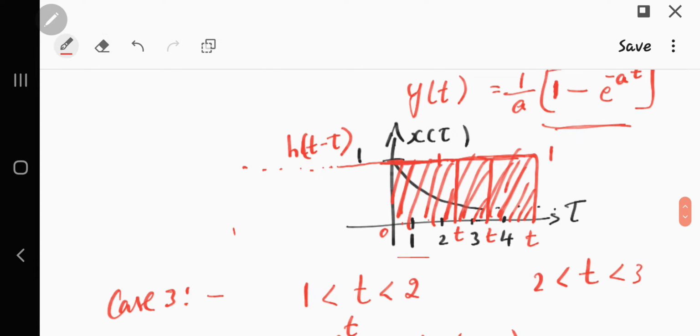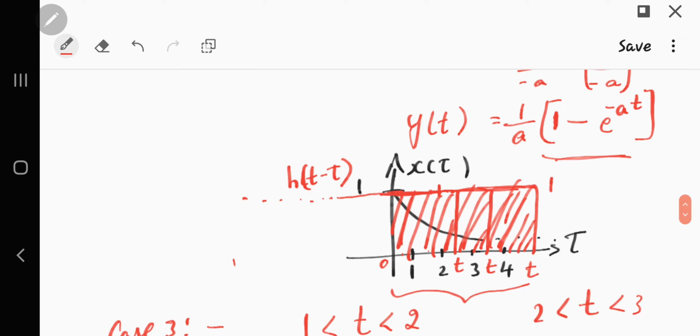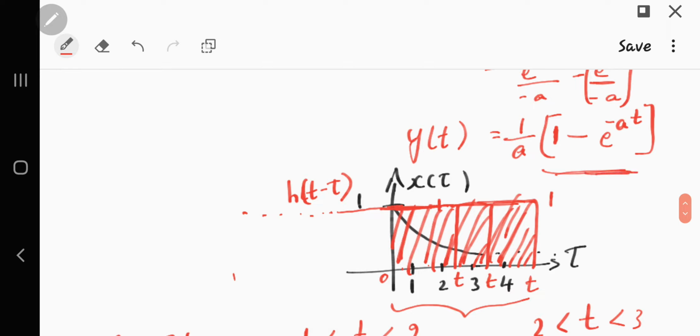So if you go on further, you will get the same answer for y of t for the remaining cases. So we better stop this process here and we can conclude that y of t has only two cases.